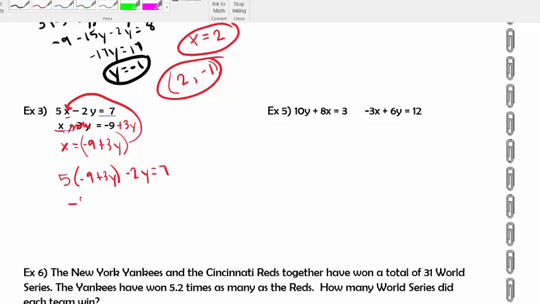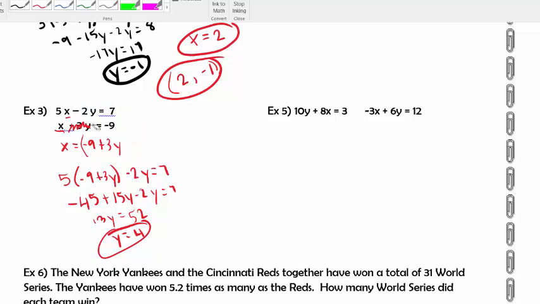Right, and then we're going to go through and we're going to solve it. All right, so we are going to get 4 for y. Okay.